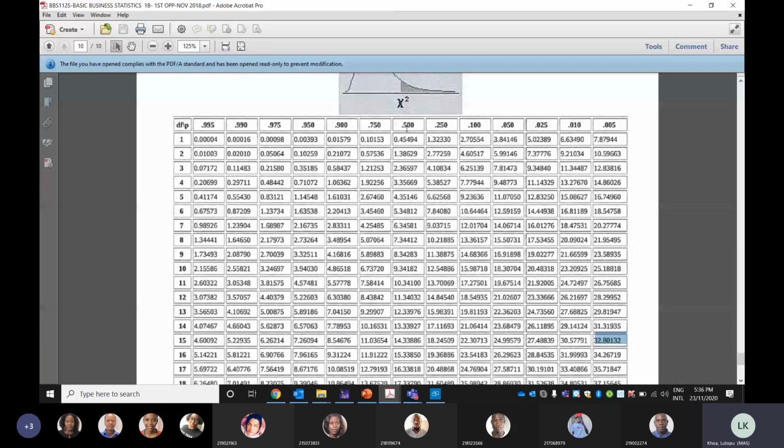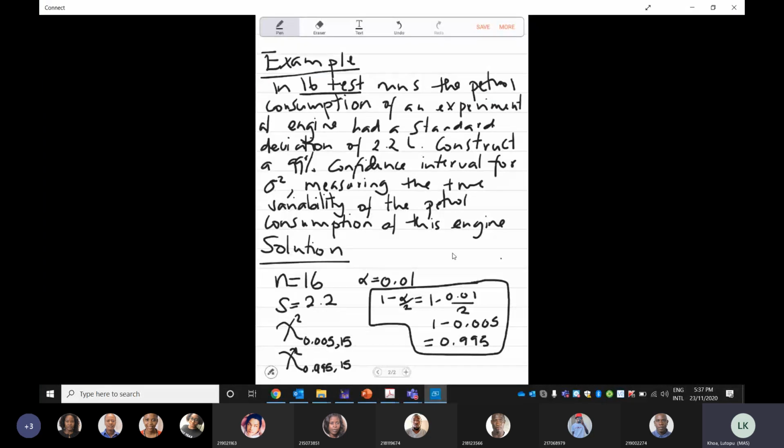Your degrees of freedom are in the first column, and then you see where the two match depending on what you're looking for. So 15 degrees of freedom and 0.005. So if we write that down, this is 32.80132.